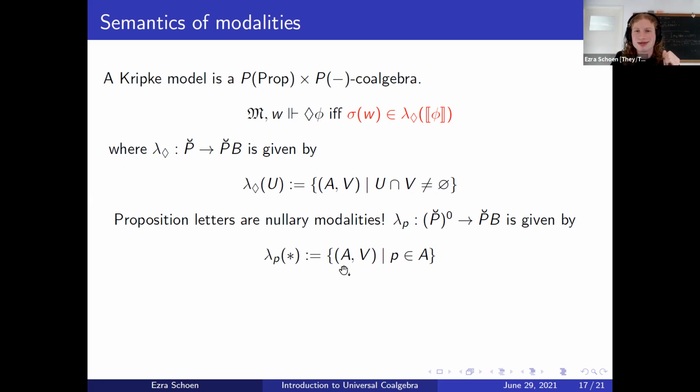And which subset? Well, it's those where P occurs as one of the proposition letters that are marked true. And under this natural transformation, we see that this proposition letter is true at the world if and only if its unfolding is in this set.